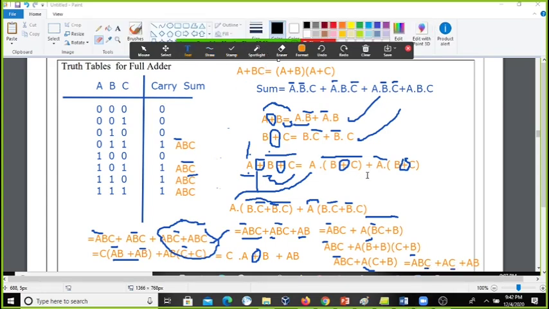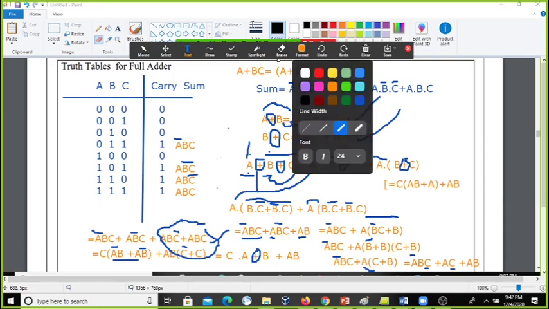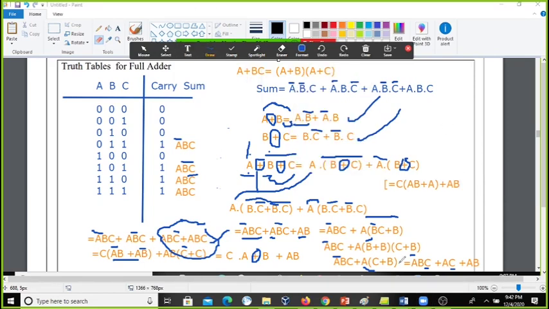So when you take the C out, I just write here, you get C out, bracket A bar B plus A plus AB. When you take the C out, you get A bar B and A. Now for this one also you can apply the rule.